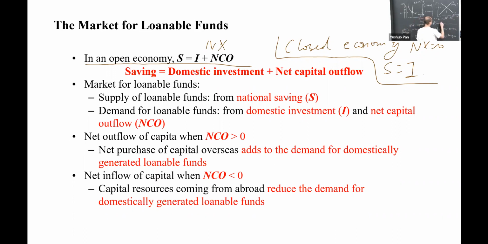It equals I, the domestic investment by domestic residents, plus the net capital outflow.